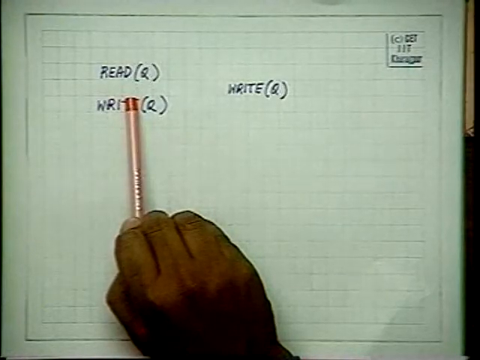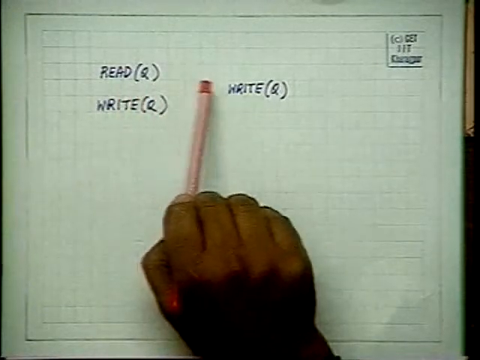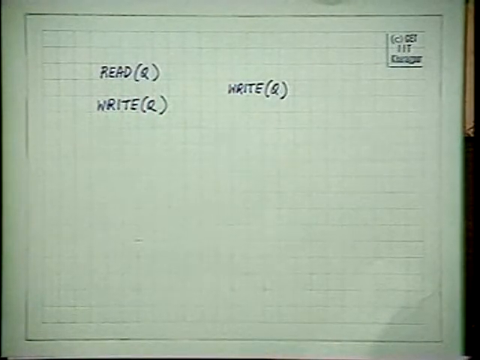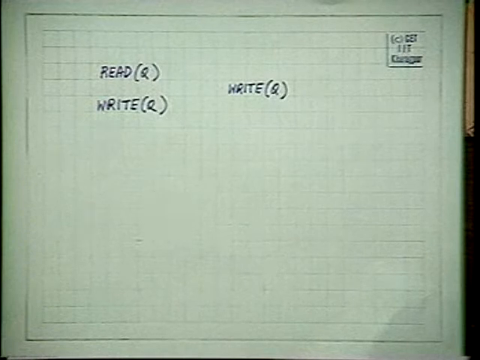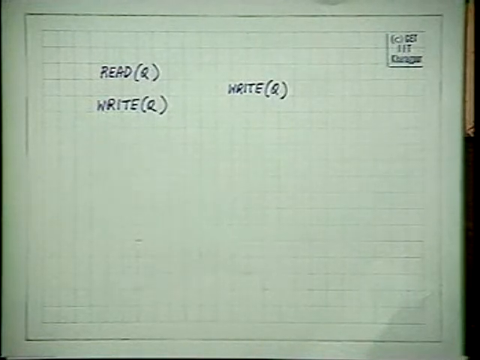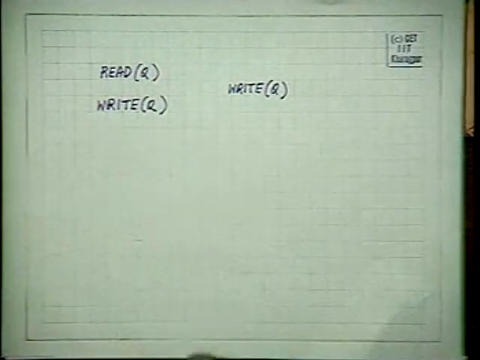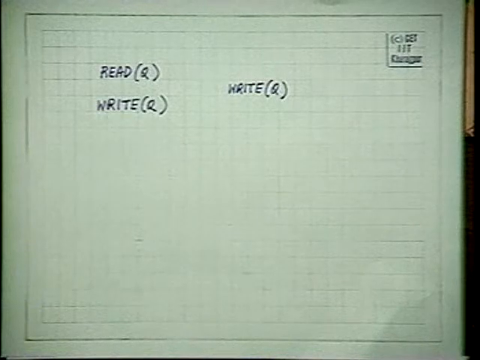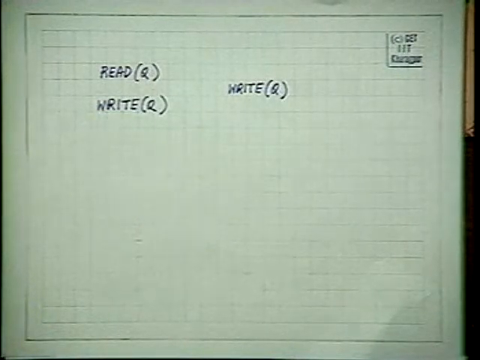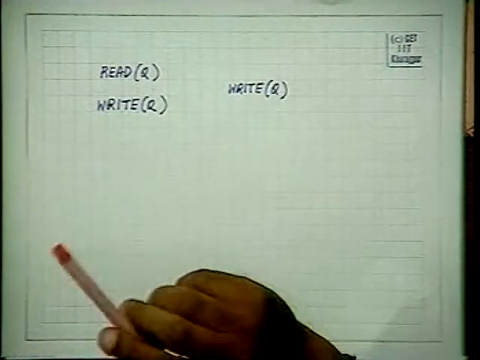If we move read Q down, will it give the same result? Does it? No. The write Q is there. But if we have such a schedule, what will we say? Will we say that this is okay? Will we say that this is equivalent to a serial schedule?